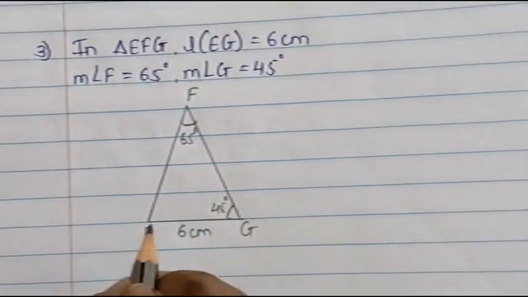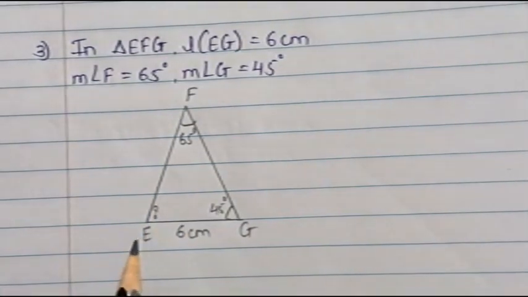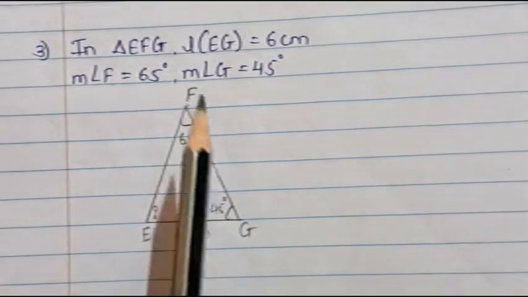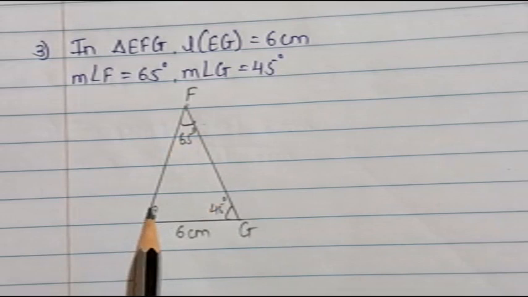But now we have to find out this measure of angle E, because first we are supposed to find out this measure of angle E. If we don't get this angle, we are not able to construct the triangle, because this point we can't get unless we get these two measures. Is that clear? So first we are going to solve how to find out this measure of angle E.